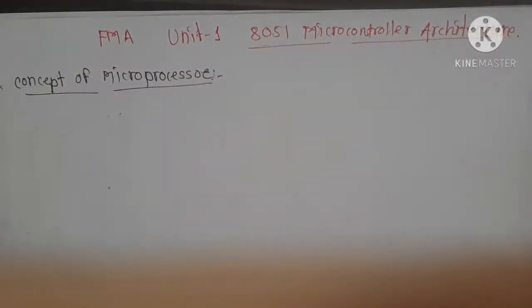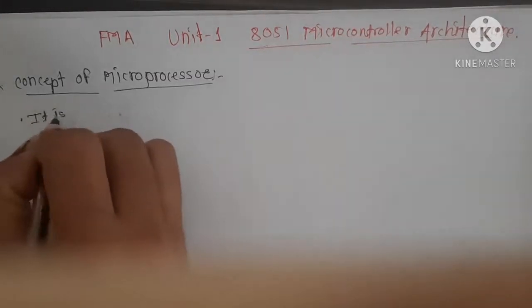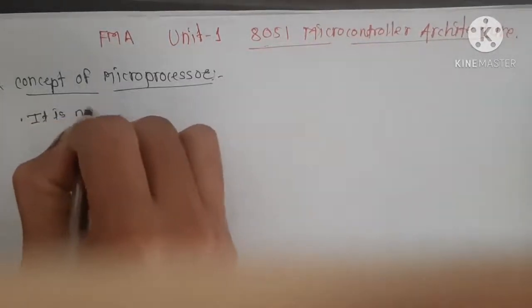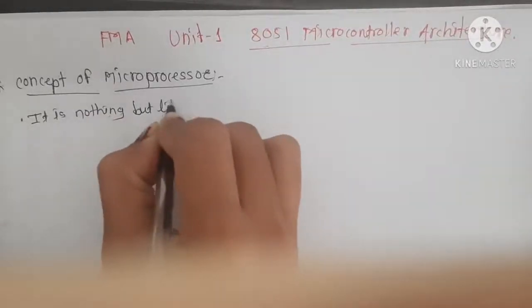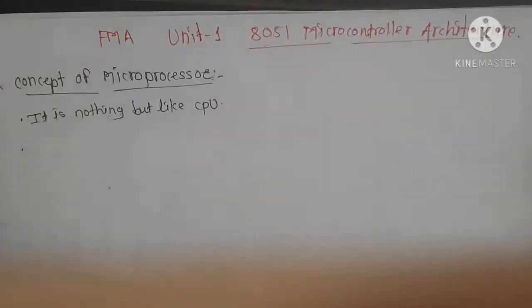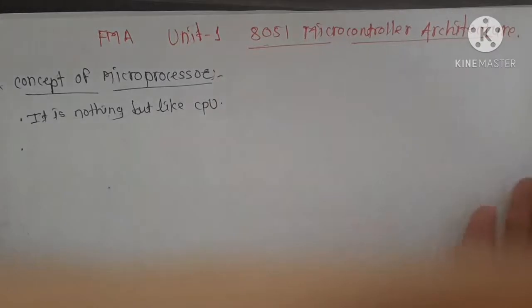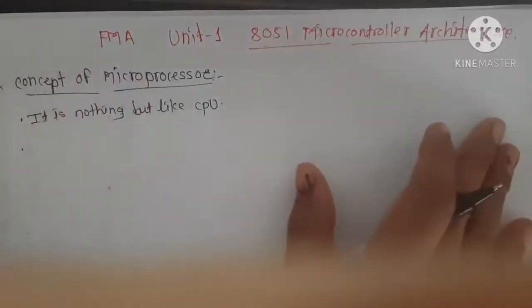It consists of ALU, like a CPU. So we will see the block diagram for microprocessor and then we will see the microcontroller, because you will get the clear difference between microprocessor and microcontroller.